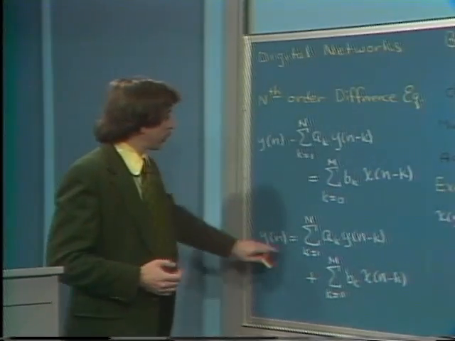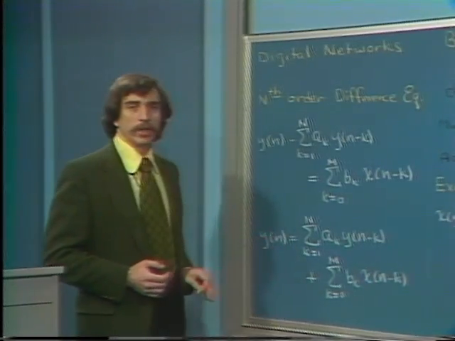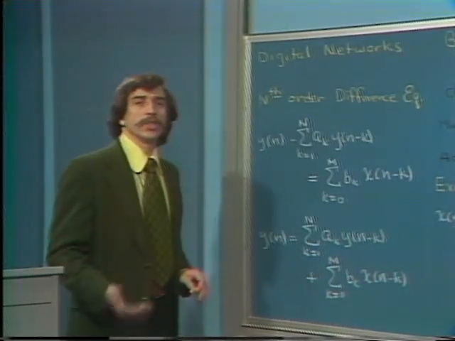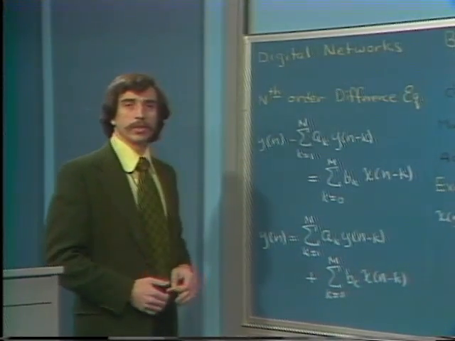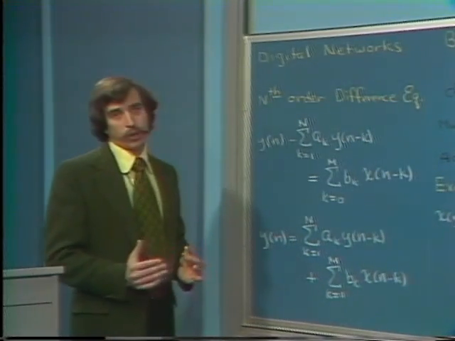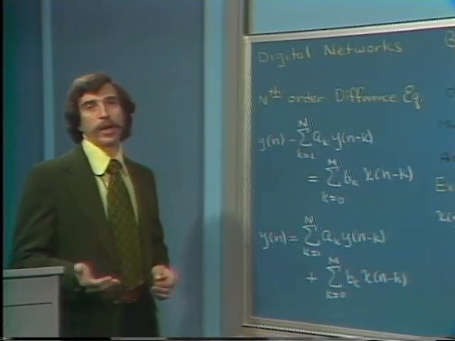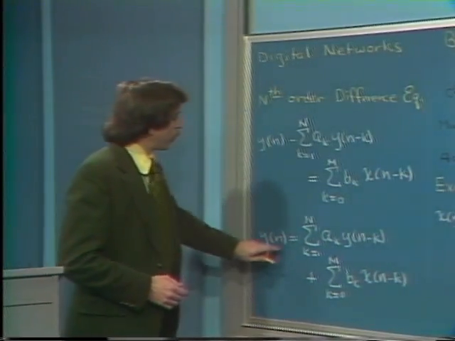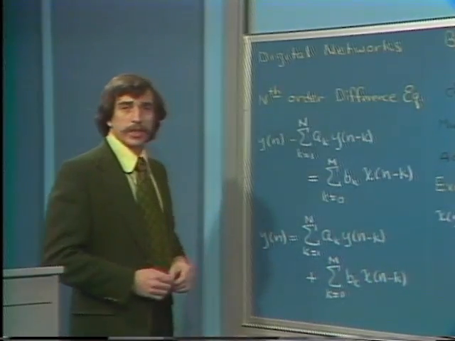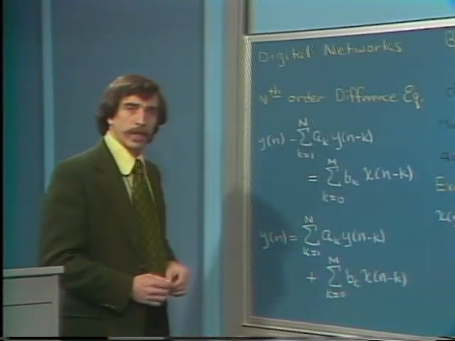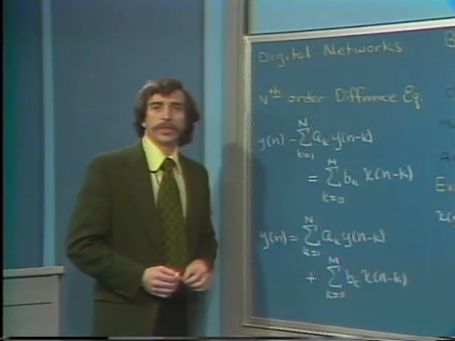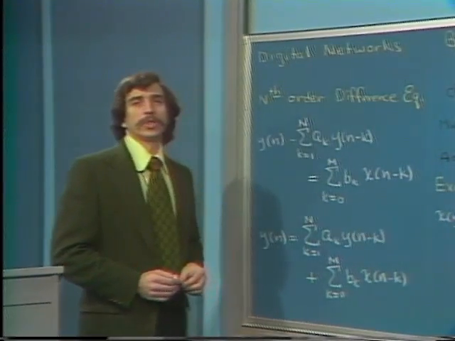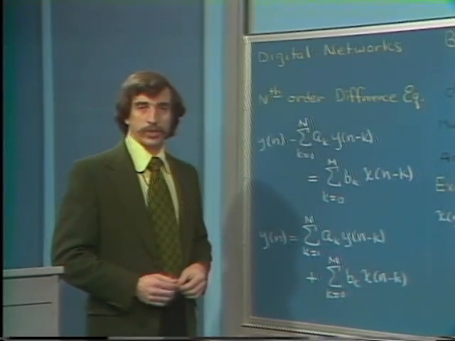We could, in particular, impose the boundary conditions implied by the statement that the system is causal, or we could impose boundary conditions implied by the statement that the system is non-causal. For the discussion in this lecture and actually over the next several lectures, the assumption will always be that we're talking about a causal system.